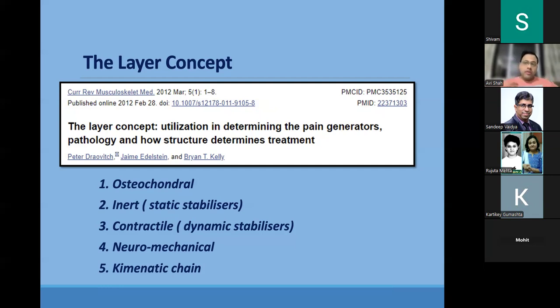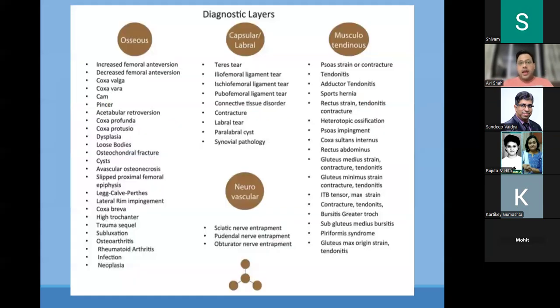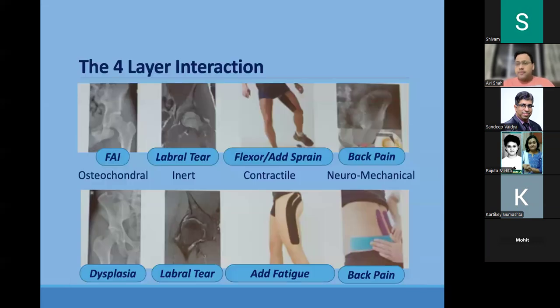When we start thinking about hip preservation and examining, this layer concept should be in your mind. This is just a small overview of the multitude of conditions that you can find in each layer, and each of these layers is interconnected. Take an example: a patient you may think has just FAI, but with FAI in the second layer, they have a labral tear.